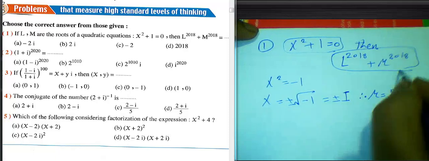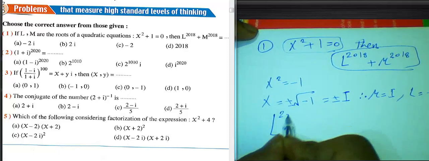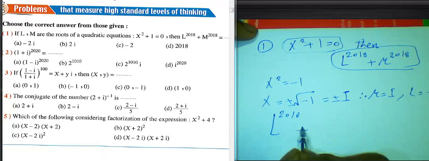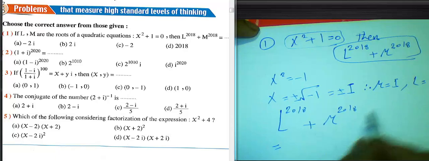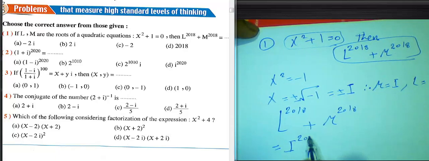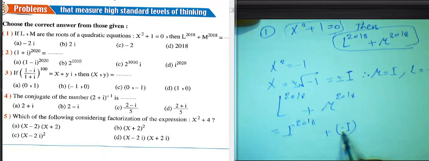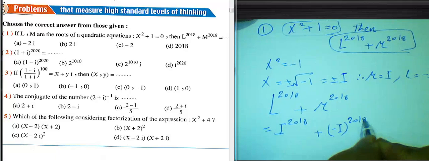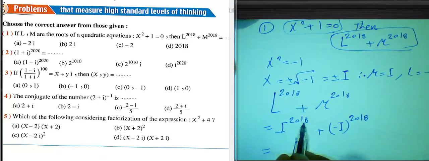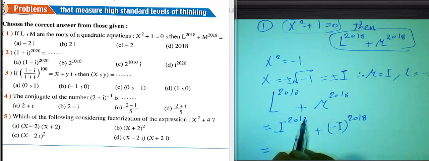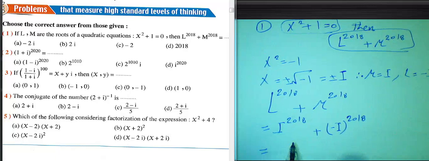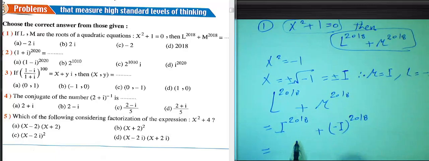So the result will be L to power 2018 plus M to power 2018. We'll write here i to power 2018 plus negative i to power 2018. 2018 can be divided by 4 with remainder 2, because 2016 can be divided by 4, so we cancel it.